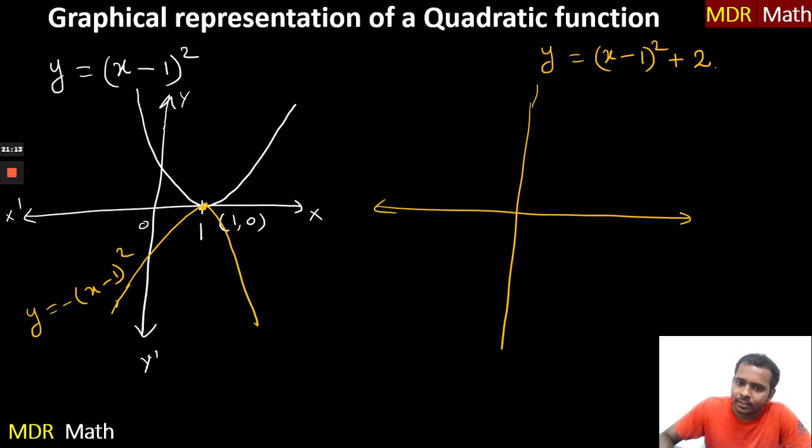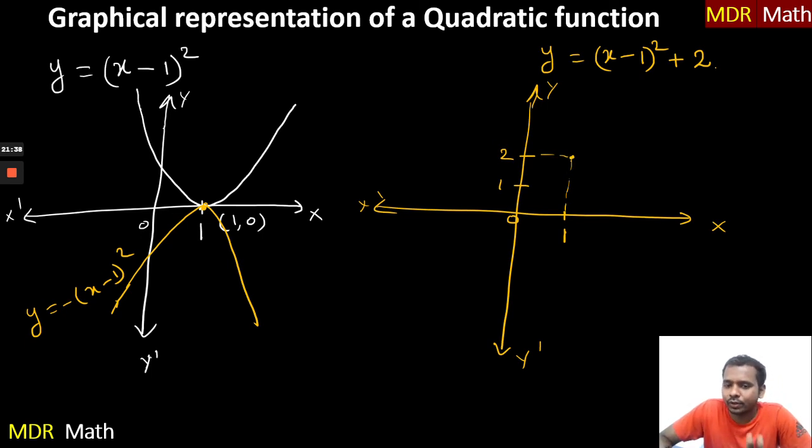So we have here the origin where both x and y are 0, and this is x is equal to 1, let's say, and y is 2. So this is the point of vertex of this curve.